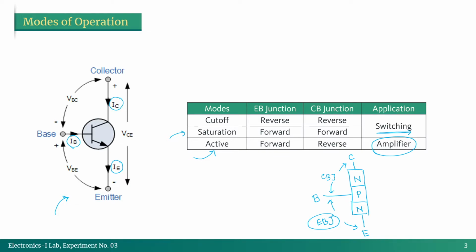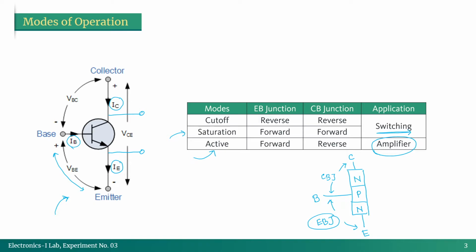And the voltage across our base and emitter can be called VBE. Another very important one is the voltage between the collector terminal and the emitter terminal, which can be called VCE, and the voltage difference between the base and the collector can be called VBC.